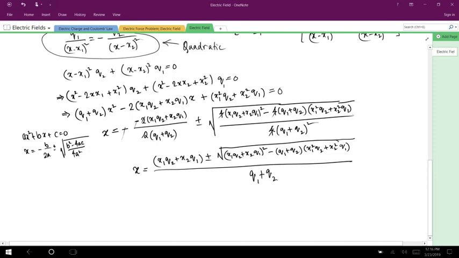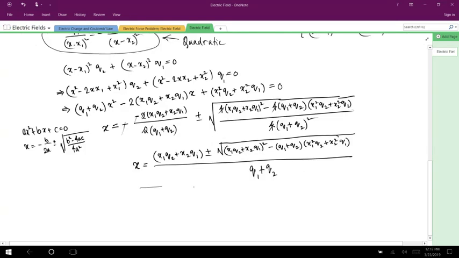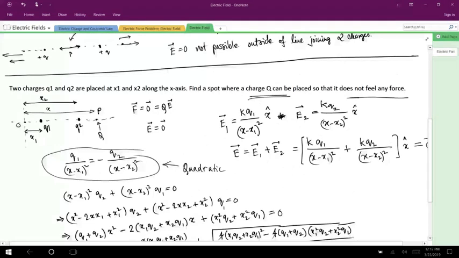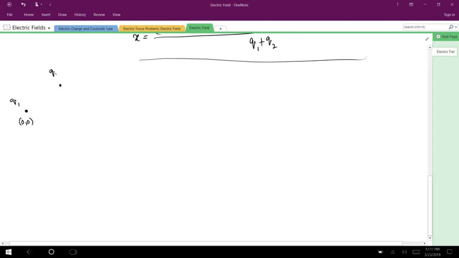And that's our result. Okay, so this is a problem with the orientation along the x-axis, right? But what if my orientation was not along the x-axis? So what if I have 2 point charges q1 and q2 that are oriented like this? Let's say that we will put the q1 at point (0, 0) and the q2 at some point (x, y).